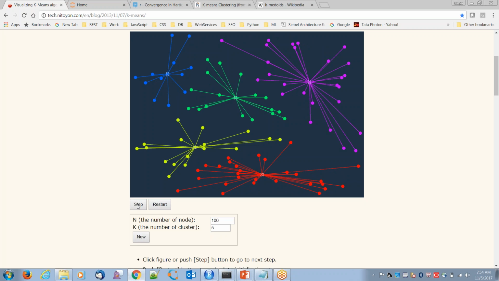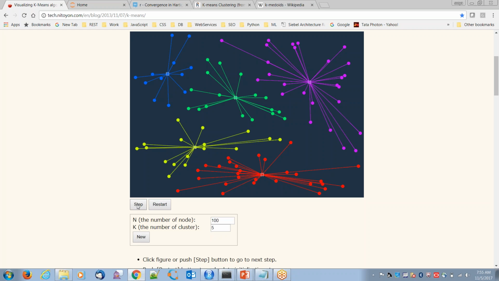Okay, so now initially when the clustering was done, when the distance between all the data points and the cluster center was calculated, at that time our initial cluster centers were something different.